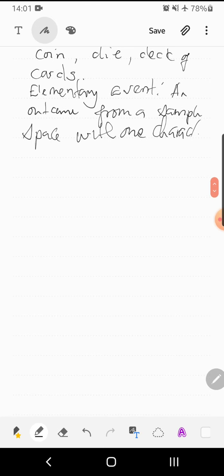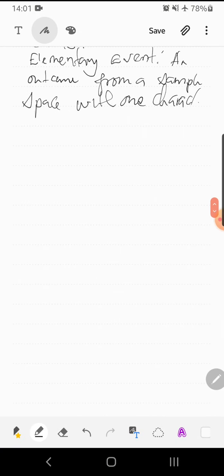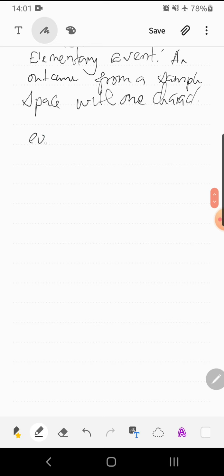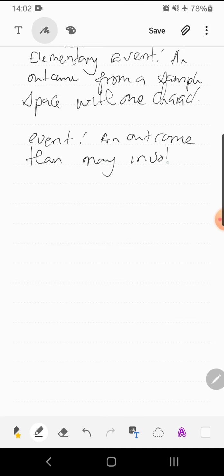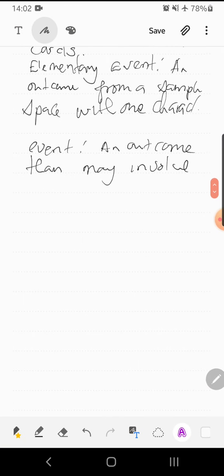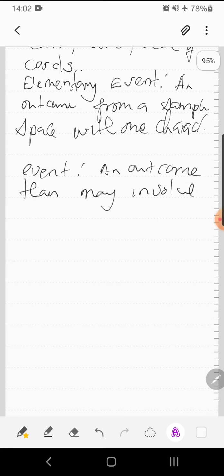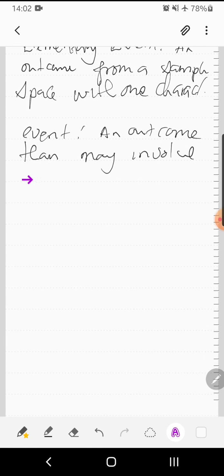Now we move to an event. An event is an outcome from the sample space that may involve two or more characteristics.